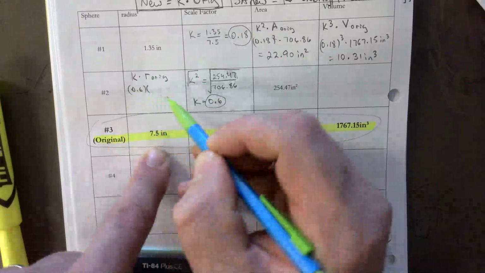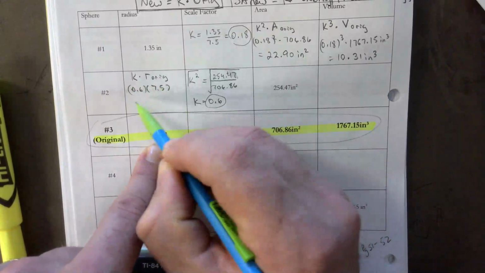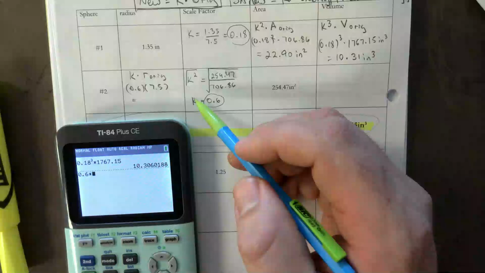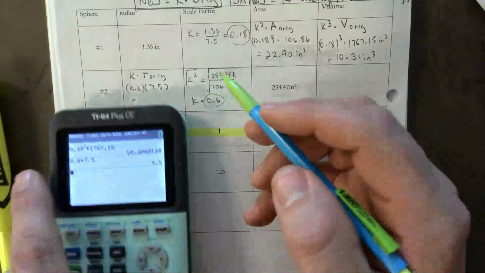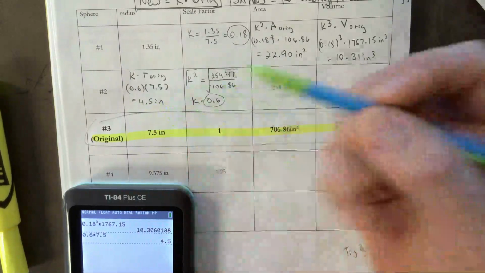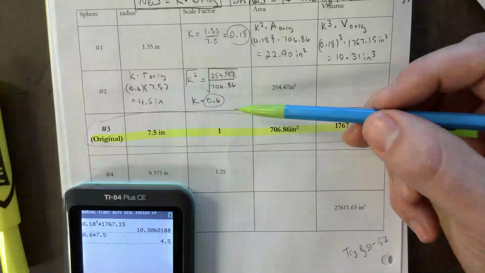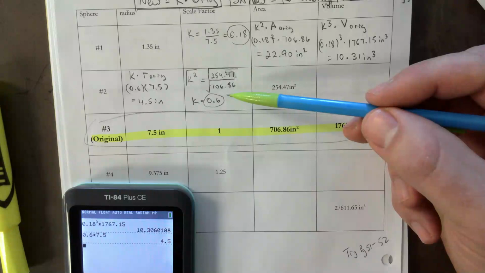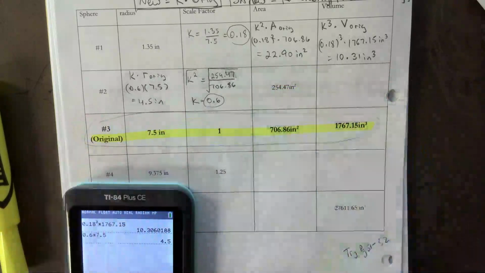You're not cubing. None of that. Okay? You just use it as is. So 0.6 times 7.5. That's 4.5 right there. So once you have the scale factor, you may have to square root or cube root. It depends. And then you move out to the sides.